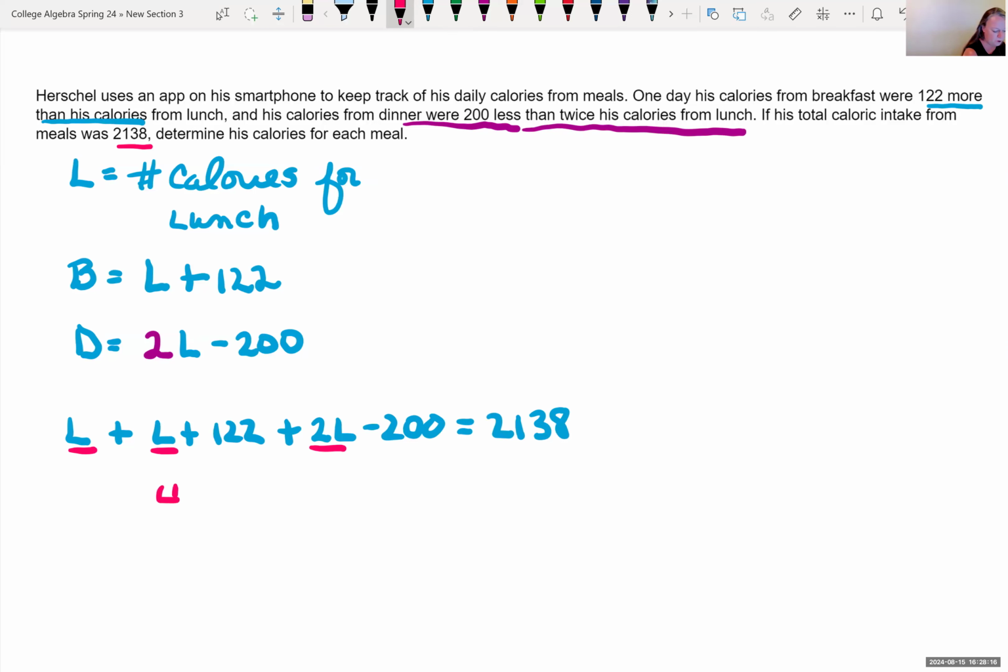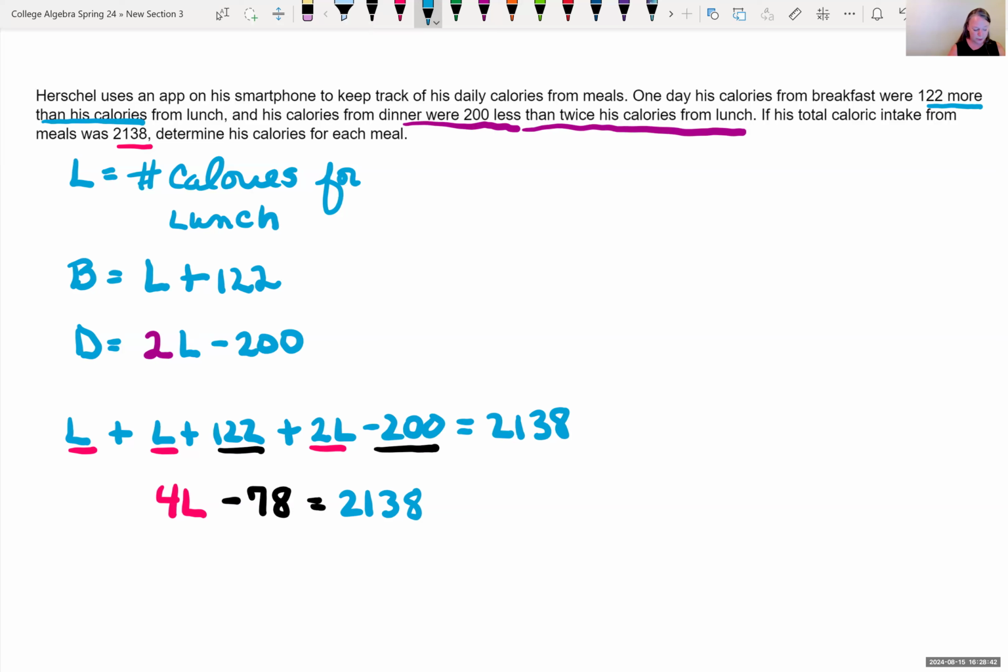So I notice I can simplify on the one side by combining like terms, L plus 2L. That would be 4L. And then I have negative 200 plus 122. So opposite signs, I subtract. 200 minus 122 is 78. But the larger number had the negative in front, so this is minus 78 equals 2,138.